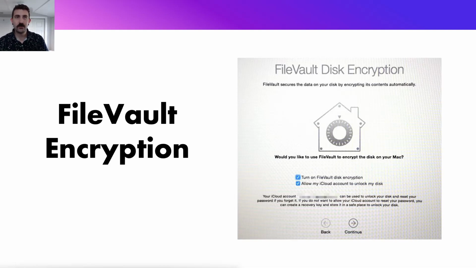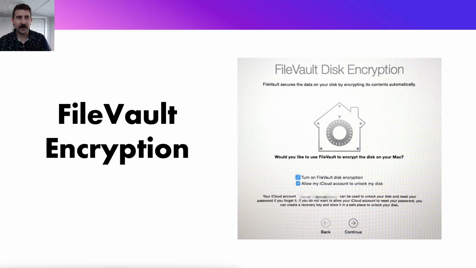You can see that there are two checkboxes available. You can turn on FileVault disk encryption, or you can also say allow my iCloud account to unlock my disk, right? If it was any iCloud account, that would be concerning. But this is the first page that you'll typically see from setting up FileVault.